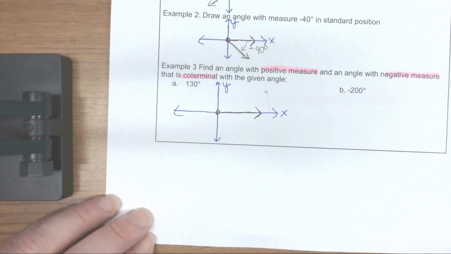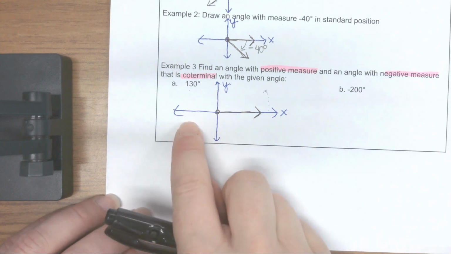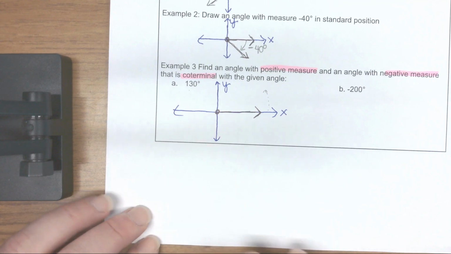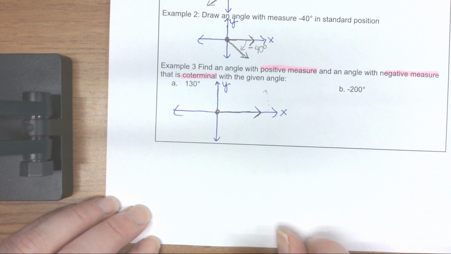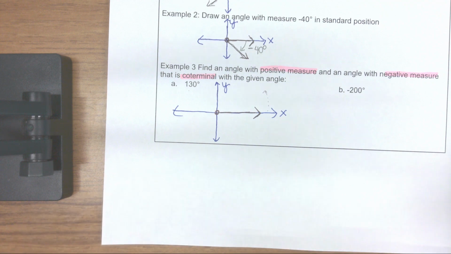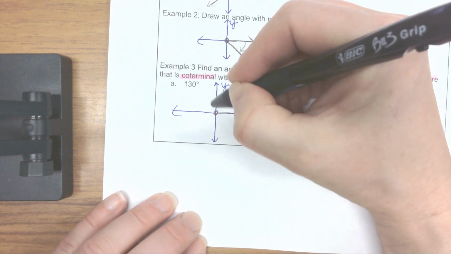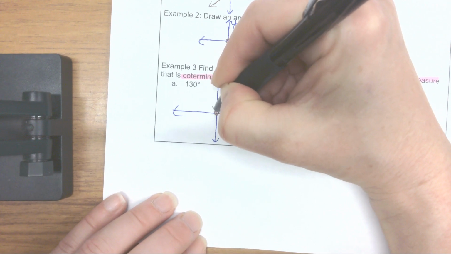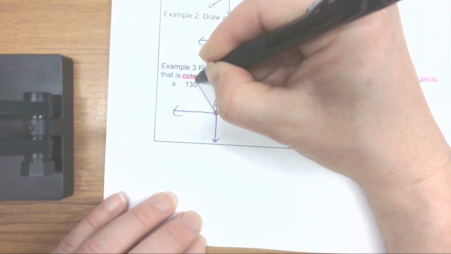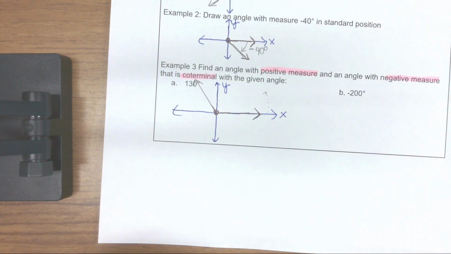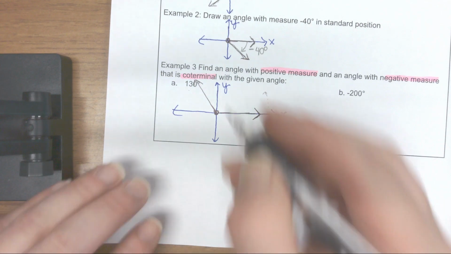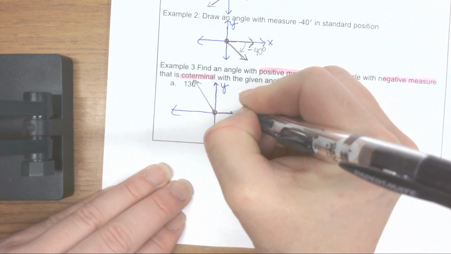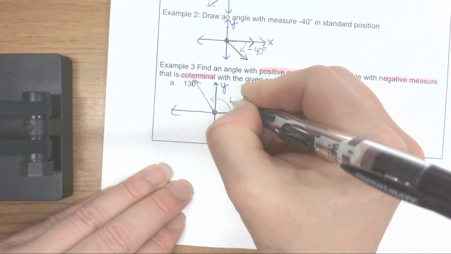It's between 90 and 180. How far past 90 is it? 40 degrees. Okay, so let's try to make our terminal side look like it goes 40 degrees past that 90 mark. So maybe right here. So if I start here and end here, that's where the 130 comes from.